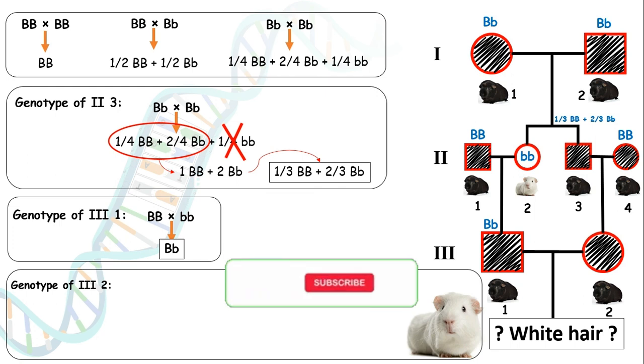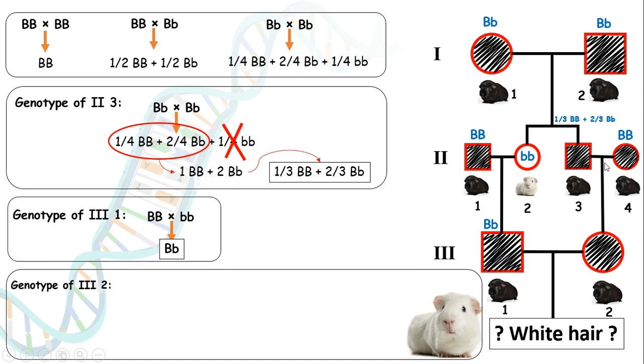To find the genotype of this individual, we need to actually consider its parents' genotypes. We will have the dominant homozygous genotype as one of its parents, and the other parent has this genotype.